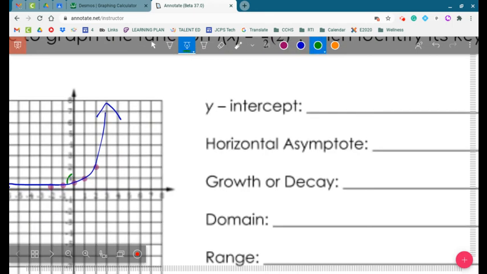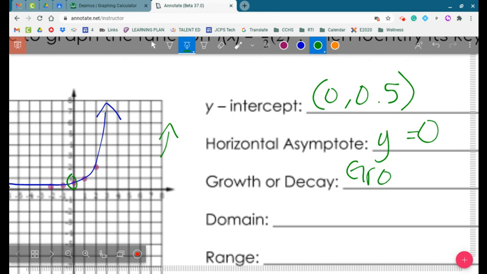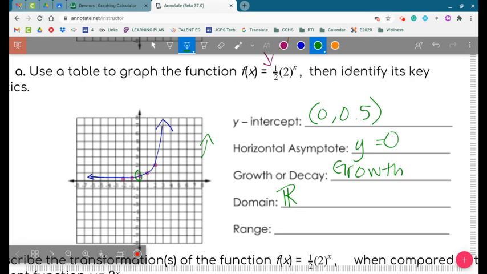The y-intercept, if you guys remember, you can look at it, is actually (0, 0.5) now. The horizontal asymptote is y equals 0. This is going up, so it is growth. Your domain is all real numbers. And your range, since it grazes at 0 and goes up, is y is greater than 0.